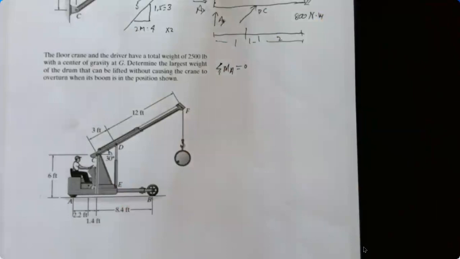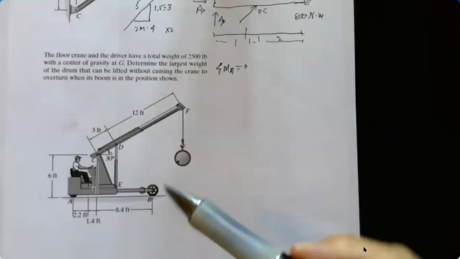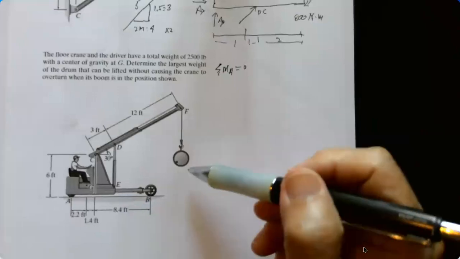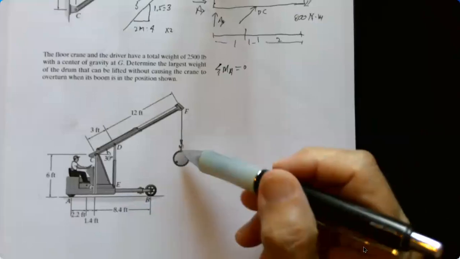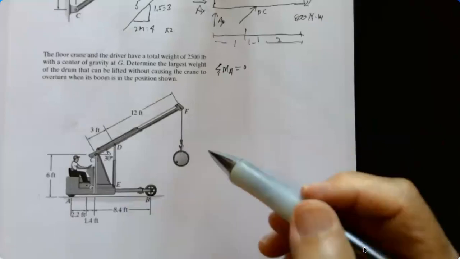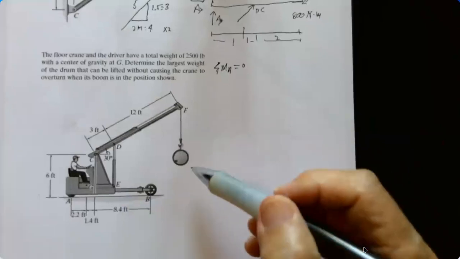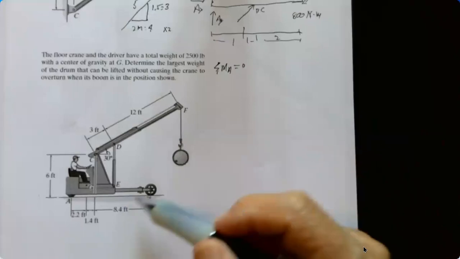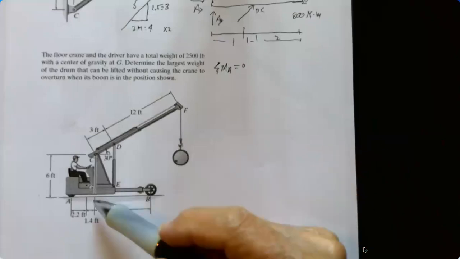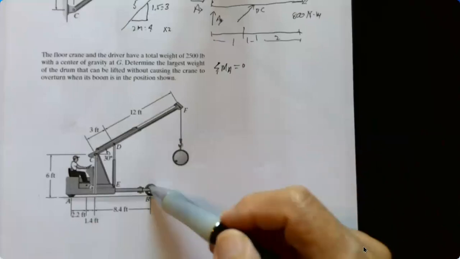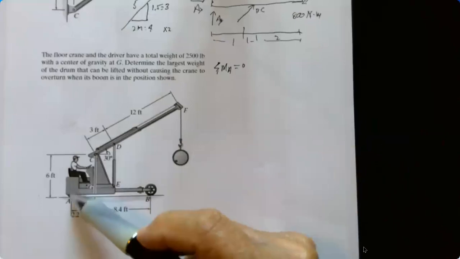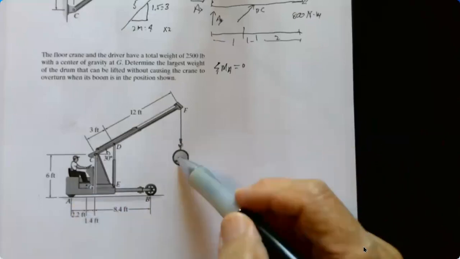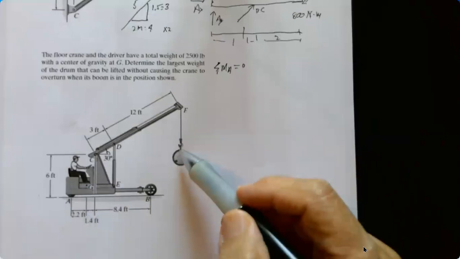If you have a crane that's oriented this way, you want to determine what the maximum load is on this crane, and I'll talk about maximum load once we get this done. What you don't want to do is have this crane tip about this front wheel and lift this back wheel A off the ground. So what's the maximum load where this won't occur?